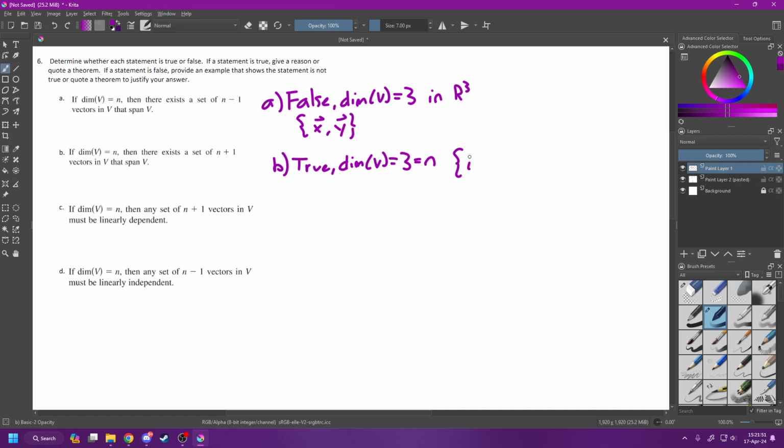For example, vector i, vector j, vector k, and then vector negative k. These will be a set of 4 vectors that still spans vector space V within R3. It is just that one of these vectors is linearly dependent on the others. However, it does still span.